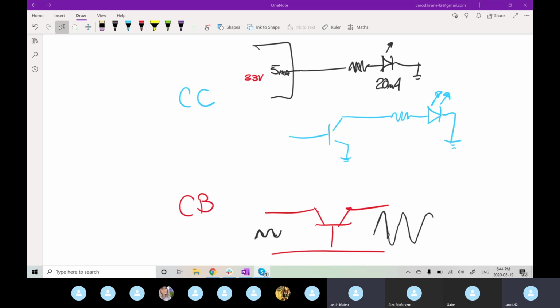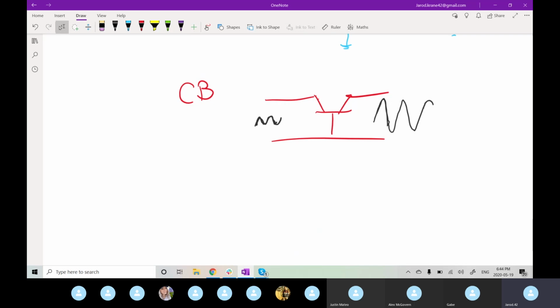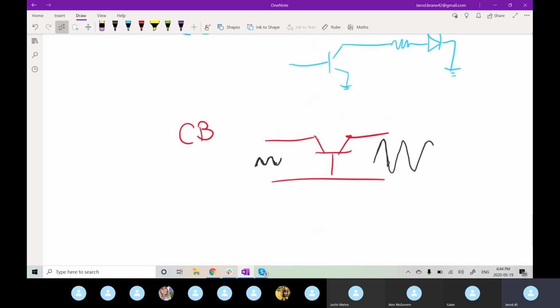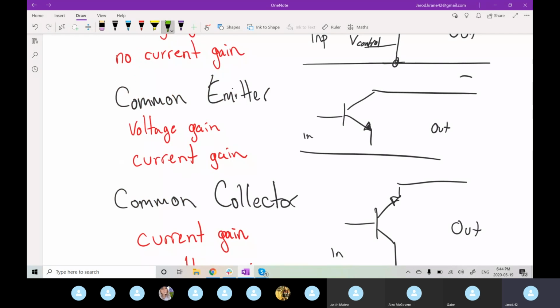What about for the common emitter one? Yeah, so again, the common emitter has the capability to do both voltage gain and current gain.